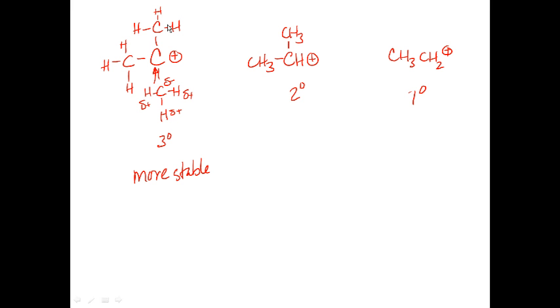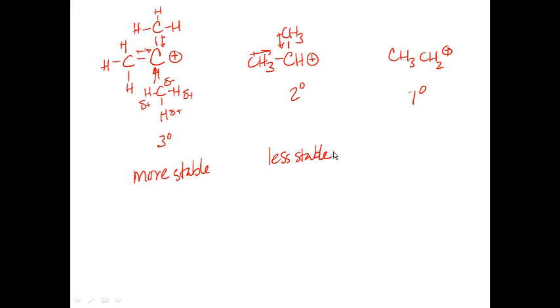So the more alkyl groups, the more hyperconjugation you get for donating the electron density, and therefore you get a more stable carbocation. In the case of the secondary one, you only have 2 groups that can do that, so it's going to be less stable.